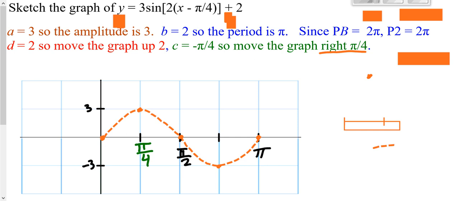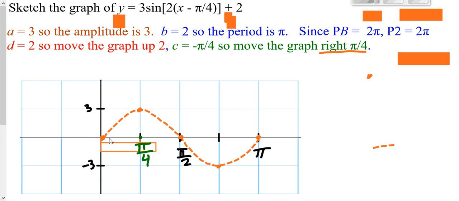So now I'm going to come along with my piece of paper. Now in this case, my piece of paper already matched my tick marks. If it didn't, I'd go ahead and draw in a new tick mark to match how far over 1/4 of a pi is. So now I'm going to come along and I'm going to move everything 1/4 of a unit over. So this one gets moved over to here.